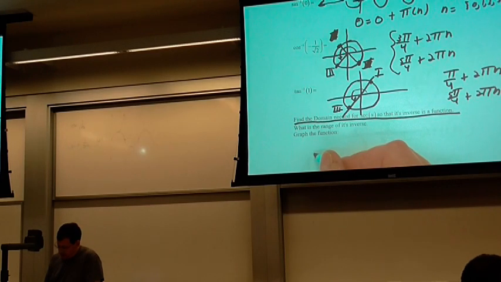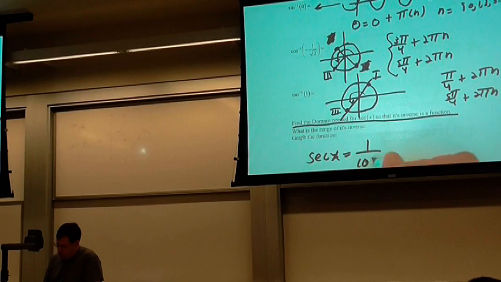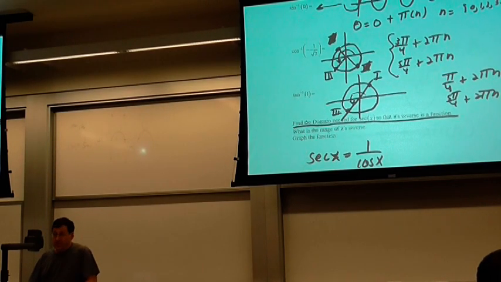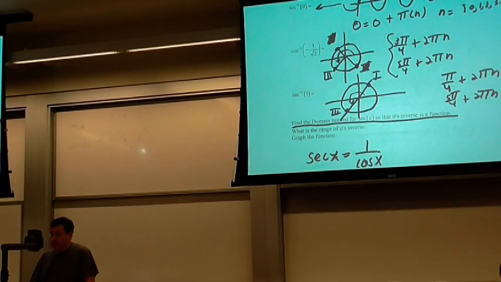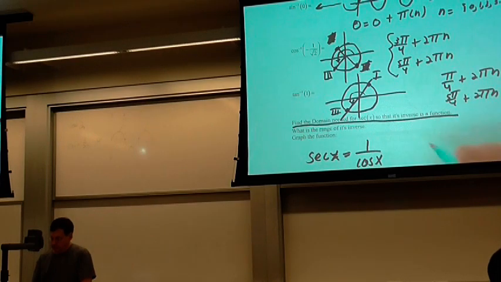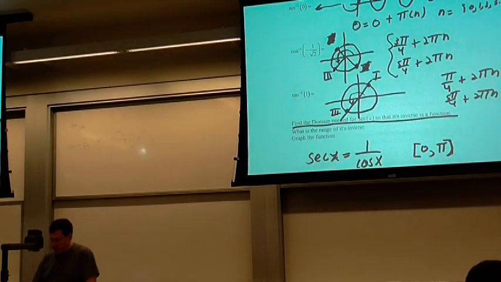You realize that the secant of x is 1 over the cosine of x. So the same truncation is going to work. Truncation for the cosine was what? So that's going to work for the secant also.